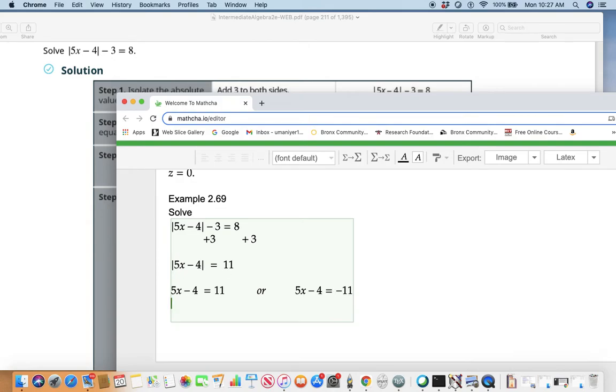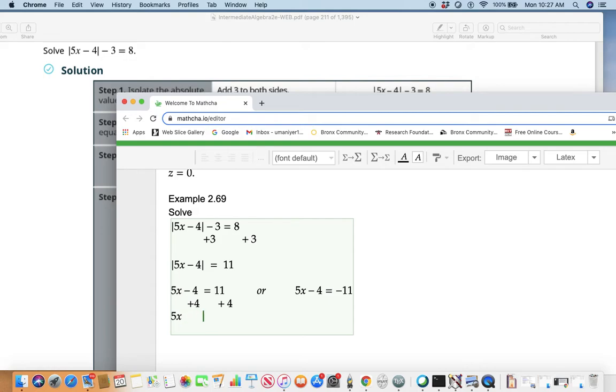At this point, add 4. You remember we need to solve for x, so there are two equations to work with. Add 4 to both sides of the equation. I'm solving this equation first. Negative 4 cancels positive 4.